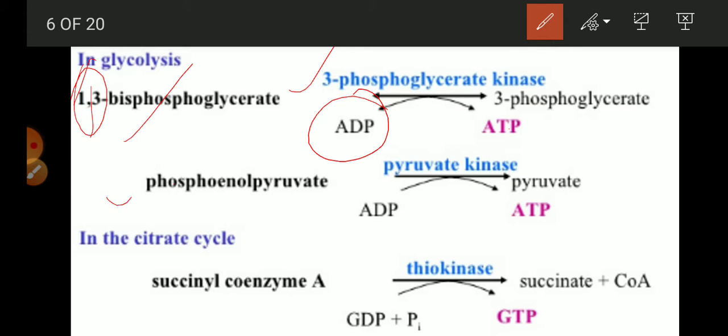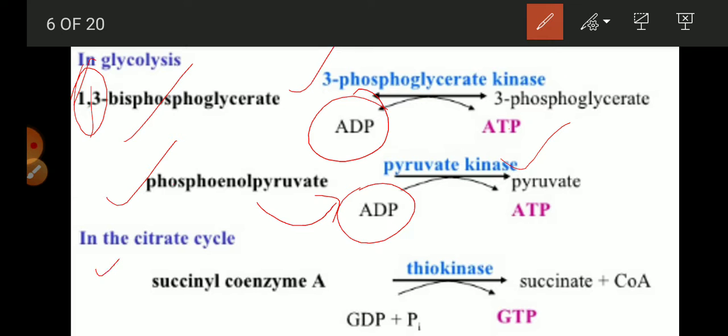The other is step number 10, in which phosphoenol pyruvate changes into pyruvate by transferring 1 phosphate from this substrate to ADP in the presence of pyruvate kinase to form ATP.